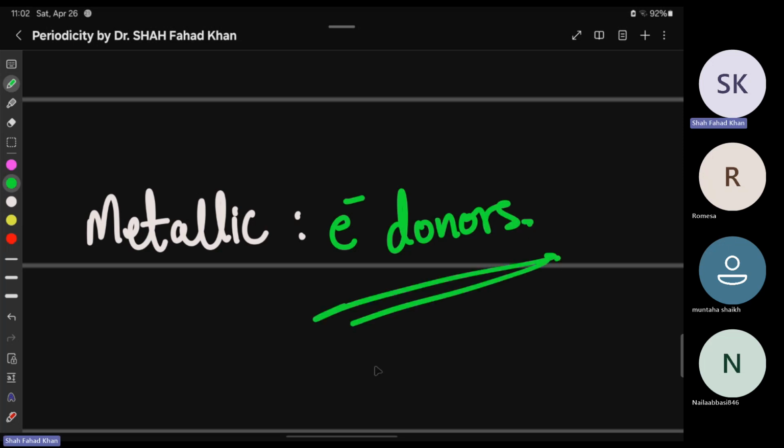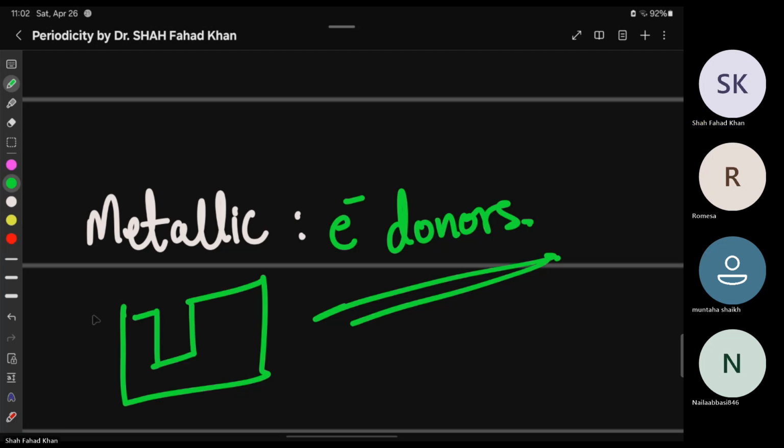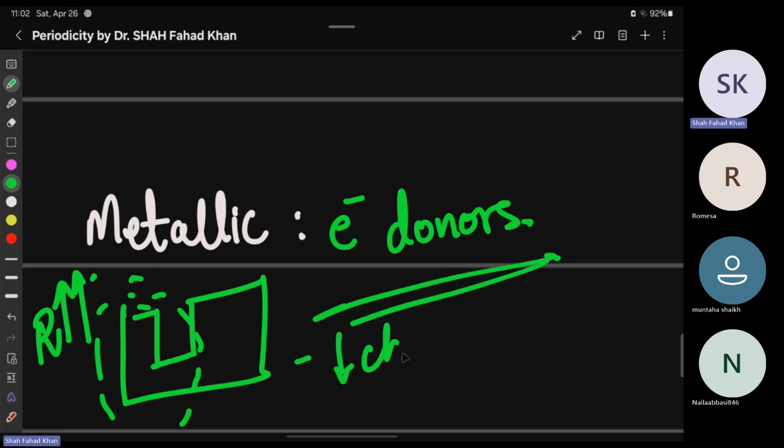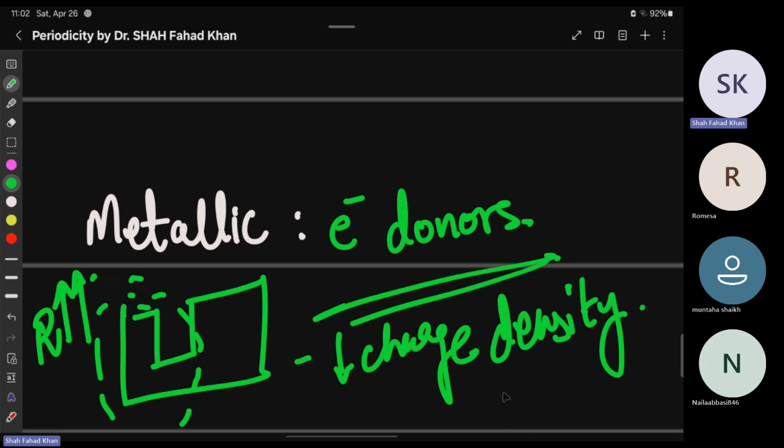So because they're good electron donors, on the left-hand side of the periodic table, the majority have a relatively large radius. Because they have a large radius, they have low charge density, due to which they have low electronegativity as well.